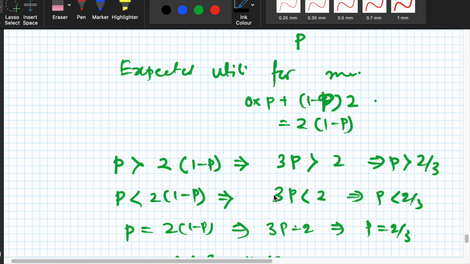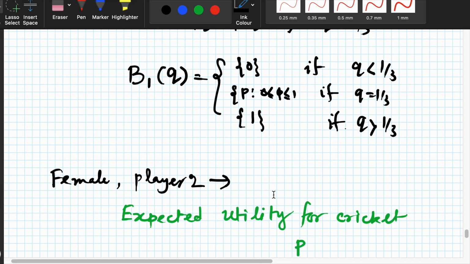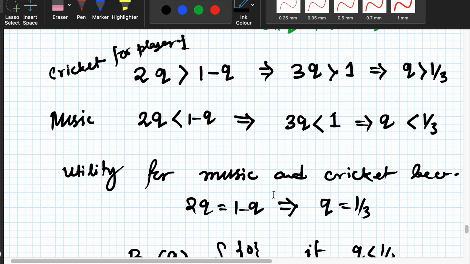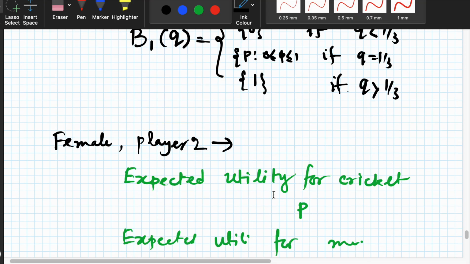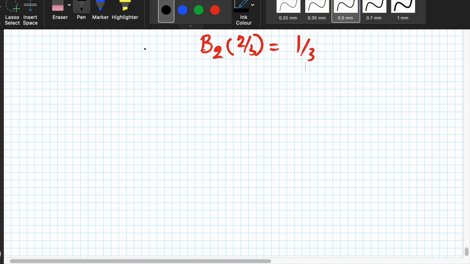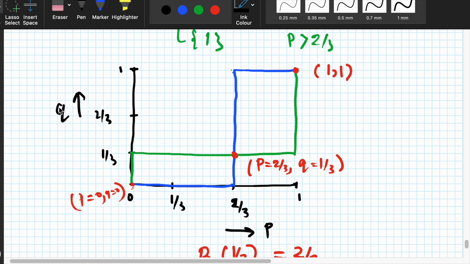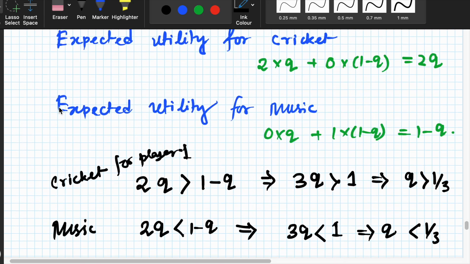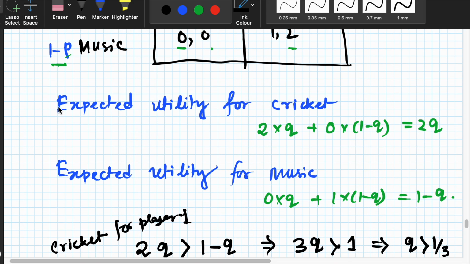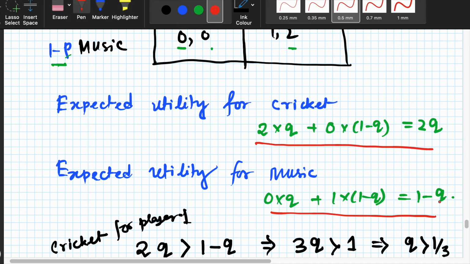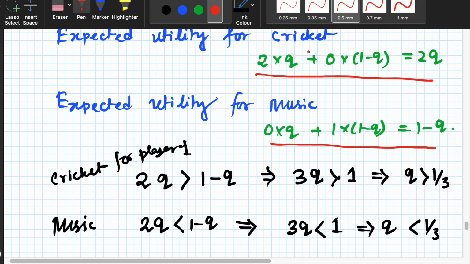We can calculate the Nash equilibrium by first calculating the expected utility for each action, and in the Nash equilibrium these two utilities should be equal.